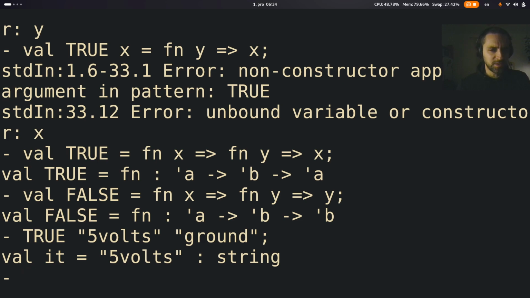Well, not is almost like a combinator of sorts that also gives back the first. But it's almost like an after step. So if I give it true or false, not gives the opposite of what was given.